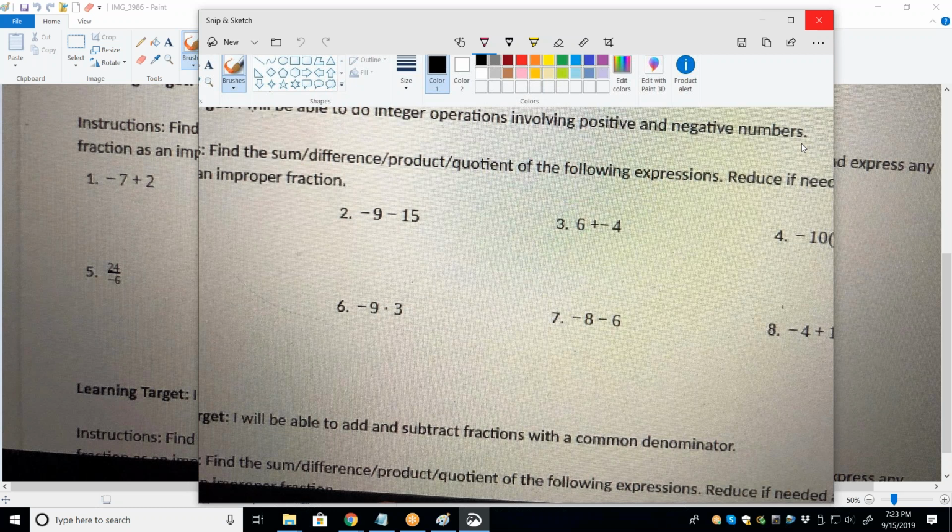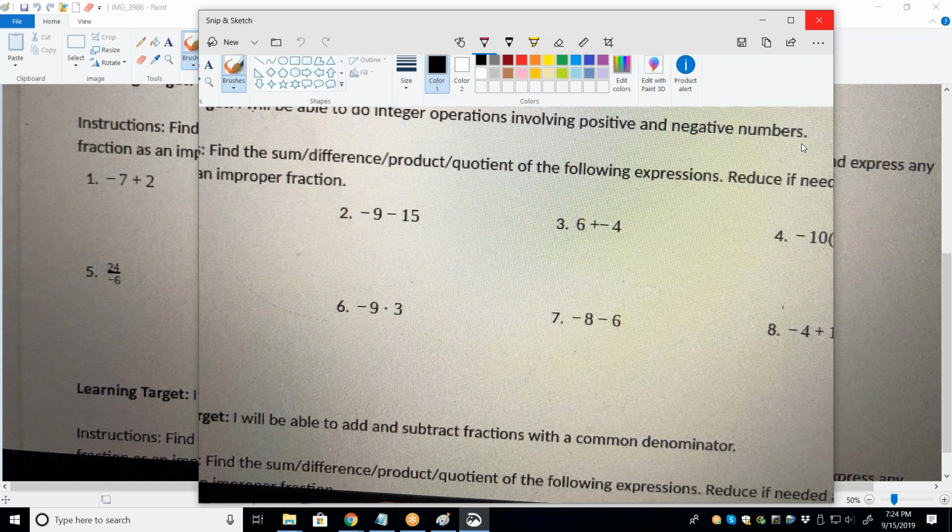Okay, Jackson? Jackson. Yeah. Sorry. Okay, number 1. Can you see it? Yeah. What's the answer? You're adding a negative number to a positive number. -5. Correct.